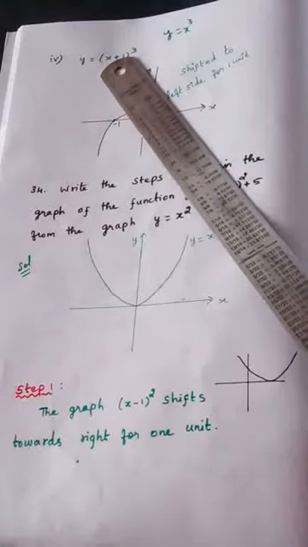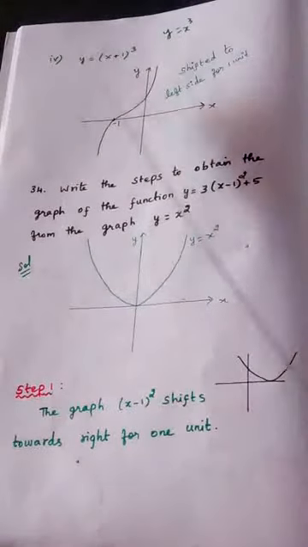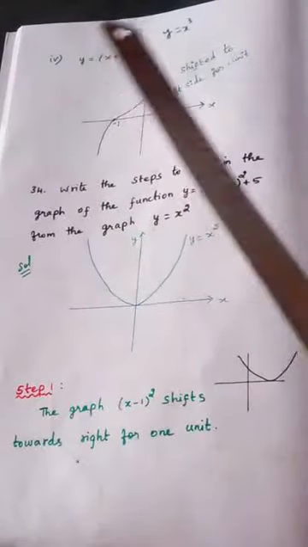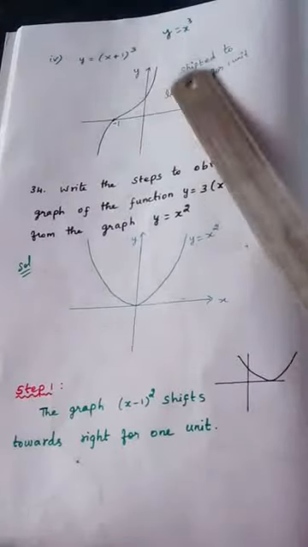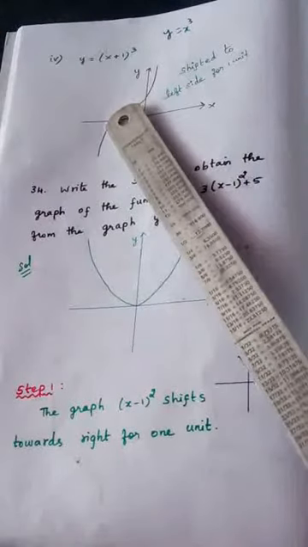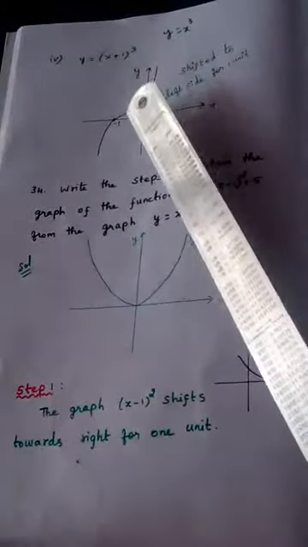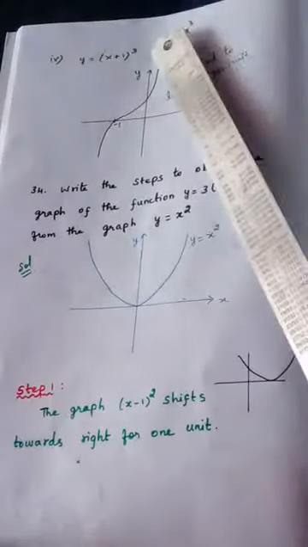In this case, if it is plus 1, I should move the curve towards the left side by 1 unit. If it is minus 1, I should move the curve towards the right side by 1 unit. Since it is plus 1, I am moving the curve towards the left side by 1 unit. Same diagram I am drawing, but 1 unit left of the original diagram. So this is y equal to x plus 1 the whole cube.